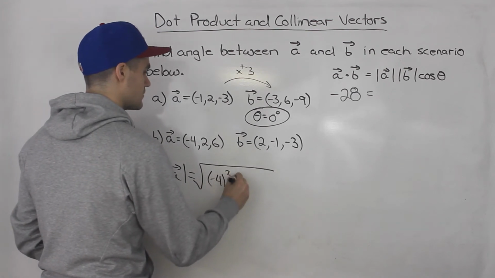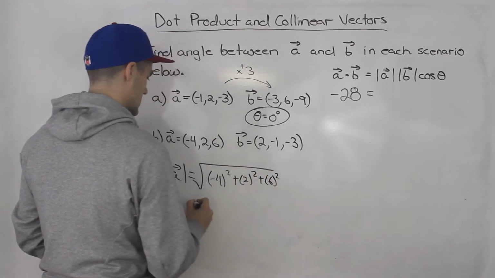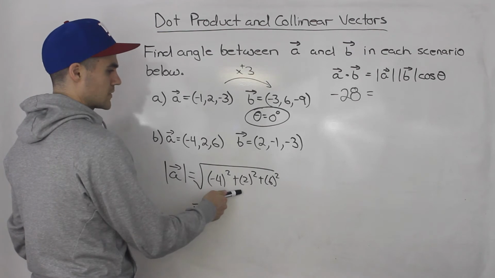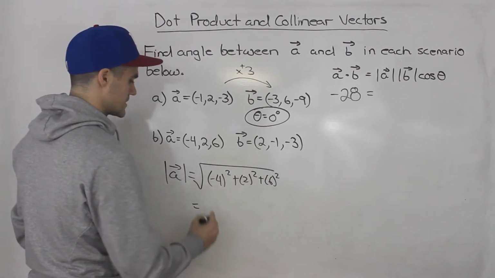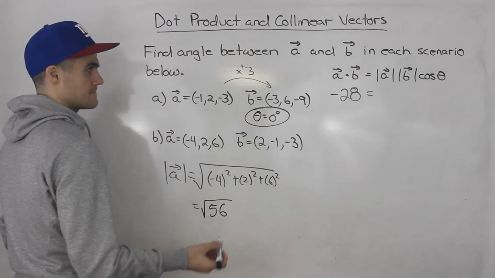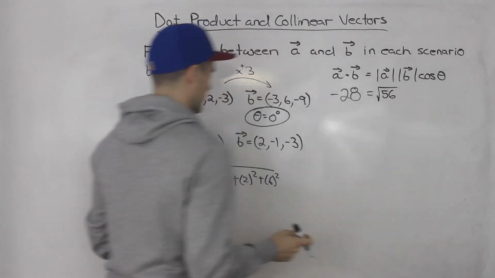So negative 4 squared plus 2 squared plus 6 squared, and that would give us 16 plus 4, 20, plus 36, so the square root of 56. So the magnitude of A is the square root of 56.